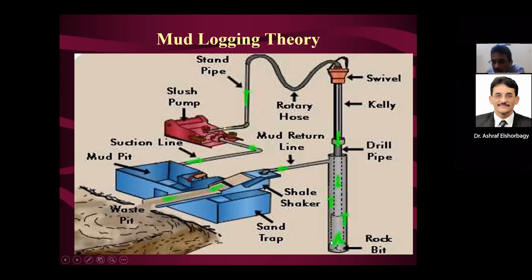The mud lifts the cuttings in the annulus, this space between the drill string and the inner diameter of the hole. The cuttings move up and go to the flow line, and later on to the shale shaker. From the shale shaker, the mud loggers catch the cuttings, catch the samples, and start to make a presentation and analysis of the cuttings.